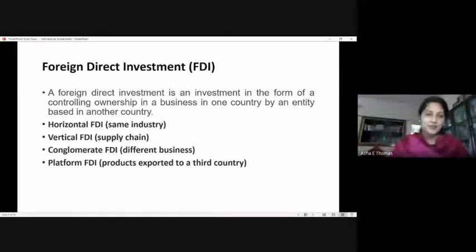Conglomerate FDI is where you are investing in totally different segments. Imagine Walmart or Tesco, generally popular as supermarkets selling consumer durable products. Imagine they are going to make investments in technology. They have not ventured into technology production or technology integrated business.